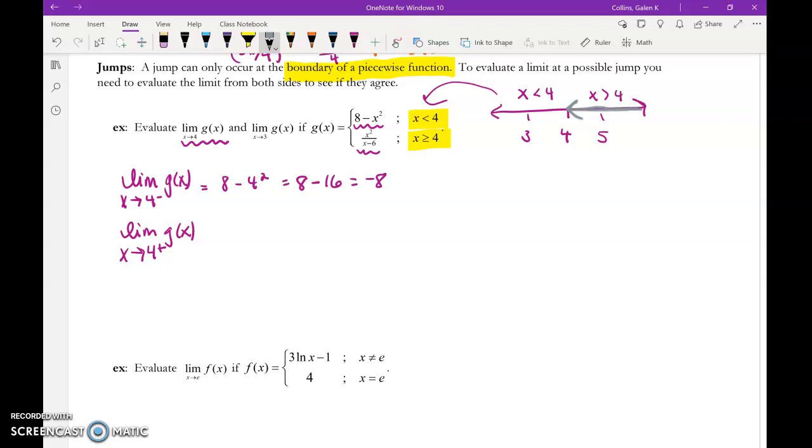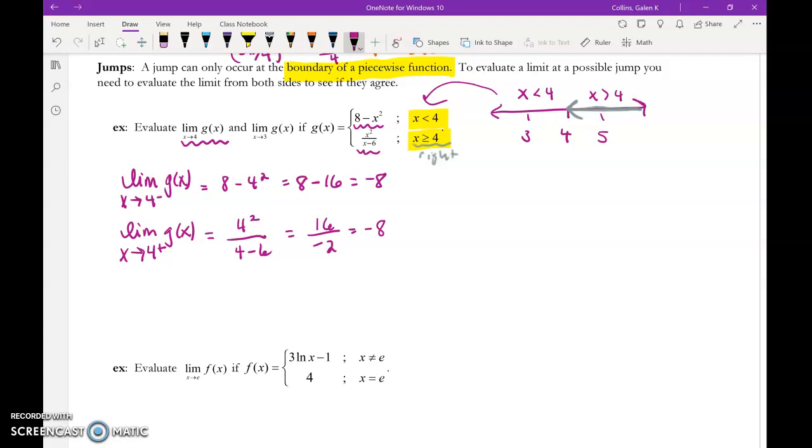So that's why we have to use this bottom piece. All right, so same thing. I'm going to use x squared over x minus 6, but I'm going to substitute 4 for x. So 4 squared over 4 minus 6, which is 16 over negative 2, which is also negative 8.